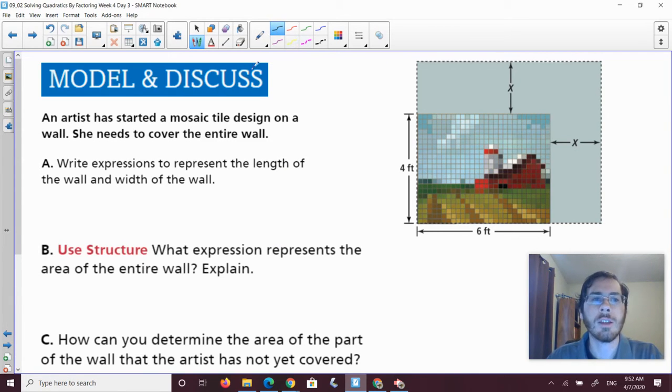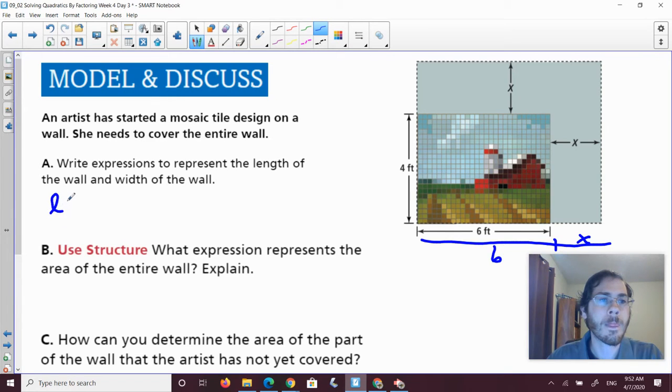But for part A, it says write expressions to represent the length of the wall and the width of the wall. So we're going to say that the length of the wall is this whole section, because we have to go all the way out to the end of the wall, which means we have to have this 6 and this x. So the length of the wall is going to be 6 plus x. I'm going to put that in parentheses.